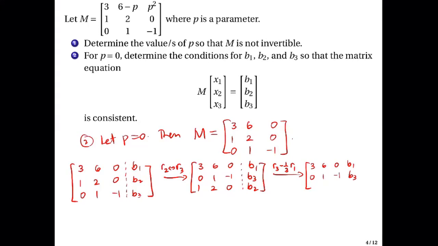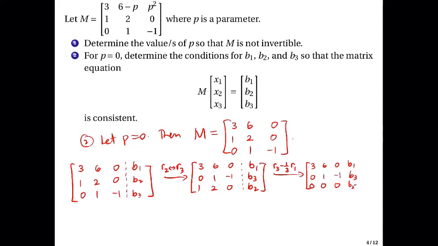So you will have here 0. You will also have 0 in here. And then 0 in here. And then the last entry here will be b2 minus 1/3 b1. Correct? Okay.